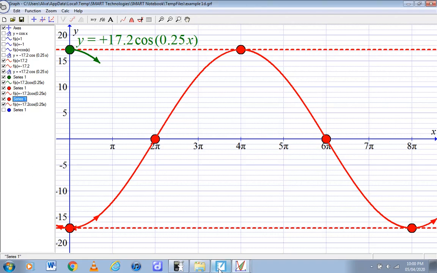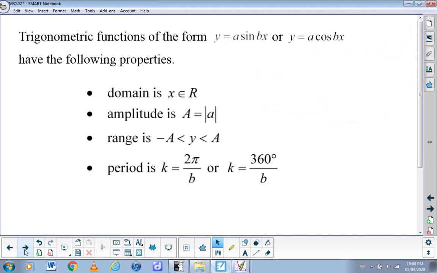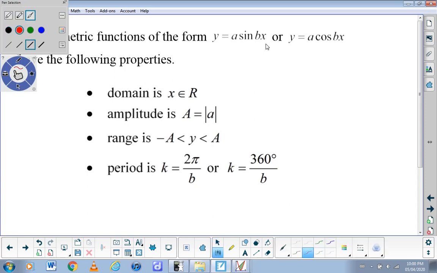So what we have learned, I hope, and it's difficult with these videos again, is we have some rules. First of all, the domain is any real number. The amplitude is always the absolute value of whatever A is in this function.